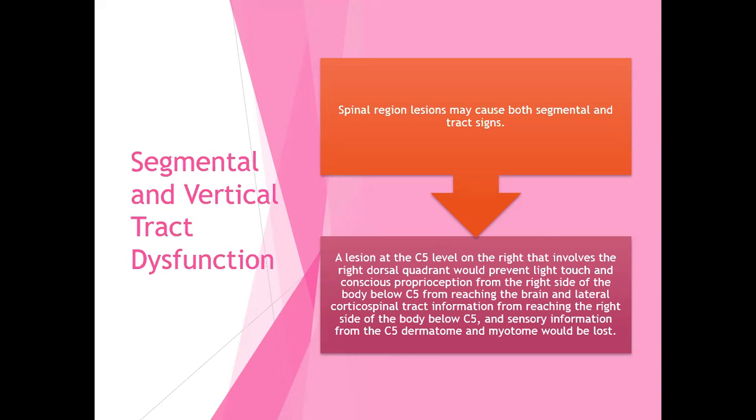Remember that. And you're not going to get that information from below C5. So that's the vertical. So there you have segmental and vertical. The lateral corticospinal tract from the right side of the body below C5 and sensory information from the C5 dermatome and myotome would also be lost. So we're getting a segmental injury that has vertical tract effects as well.